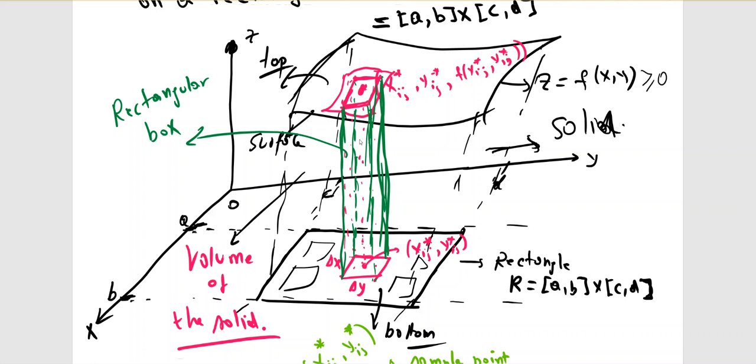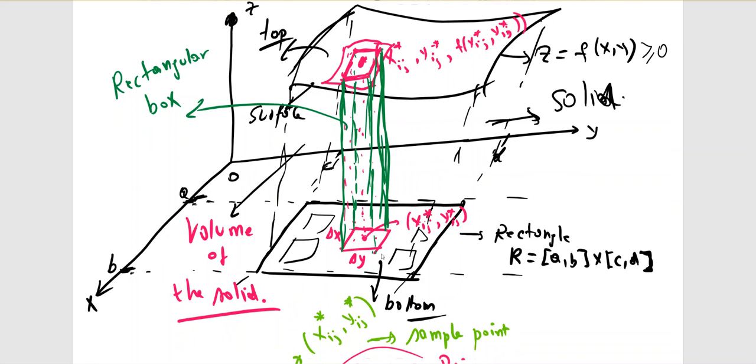If you connect all the corners, you're going to have an object. And the idea here is, what is the volume of this object?